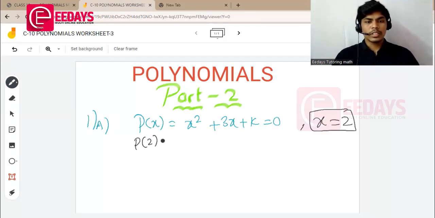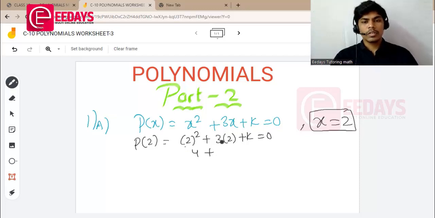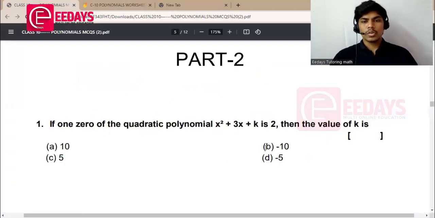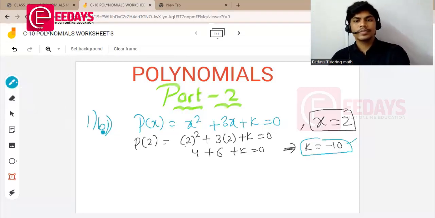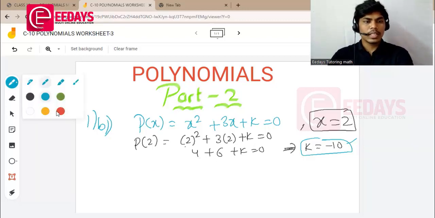Let us substitute x equals 2 in place of x: 2 square plus 3 into 2 plus k equals 0. 2 square is 4, plus 6, plus k. Hardly it takes 1 minute. 4 plus 6 is 10. If you transfer it to the other side, it becomes minus 10, so k equals minus 10. Option B is the correct answer. That is the first question, nothing else.